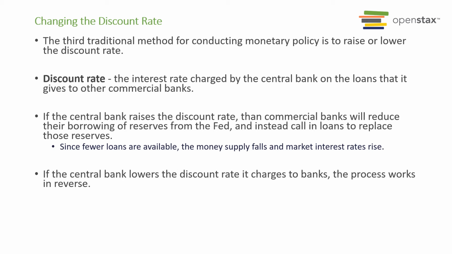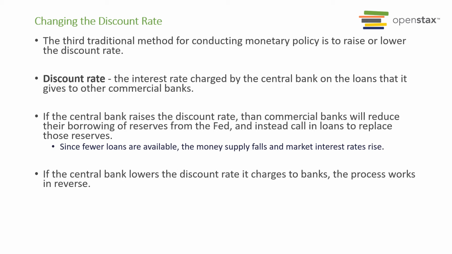So we can use the discount rate to influence our market interest rate. If the banks are paying a very low interest rate when they borrow money from the government, then when they turn around, they're going to charge the consumer a very low interest rate as well. And vice versa, if there's a very high discount rate, then the banks also need to charge a higher rate to consumers, so there will be a lower level of money supply in the economy.